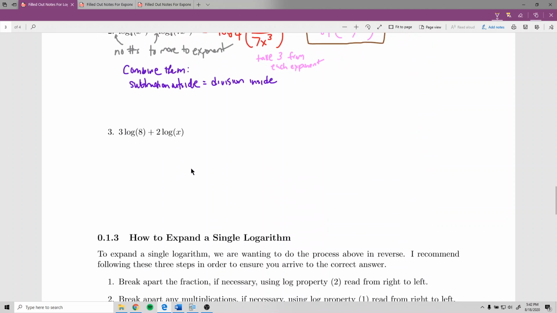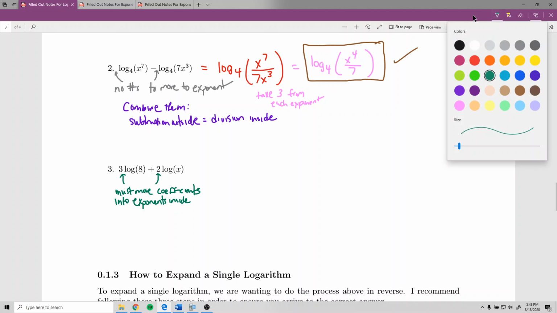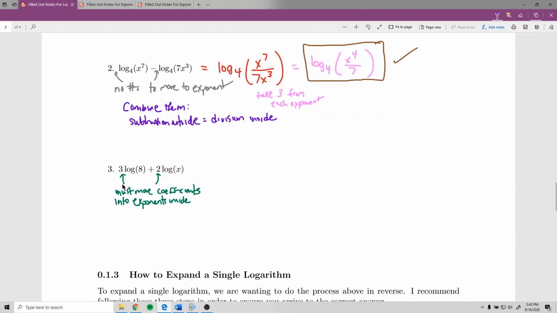Right, so number 3 will finally be an example of combining them when we have coefficients. What do we do? All right, so you see number 3 here, we have 3 log of 8 plus 2 log of x, and we must move the coefficients. Rule 3 tells us to move the coefficients into the exponents inside. And you want to make sure you move them appropriately.